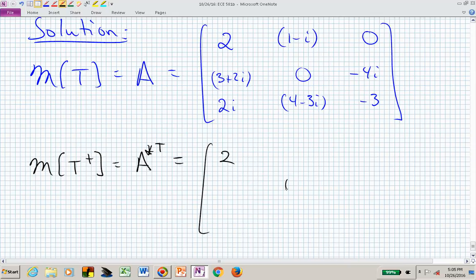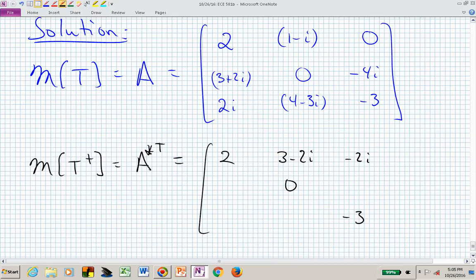The diagonal doesn't change, and I now can put the 2, 1 entry in the 1, 2 place conjugated, I now have 3 minus 2i, and I have a minus 2i in the 1, 3 slot.